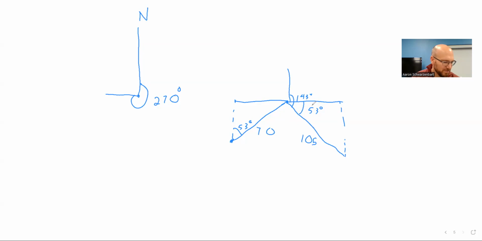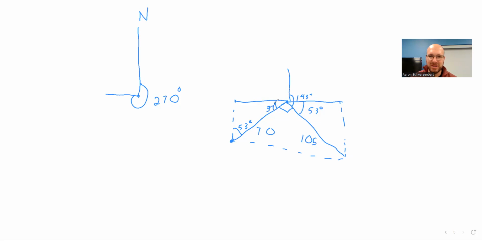So it wants AC, this distance. Now, they were really nice and gave you a right angle here. Because these are both 53, this is 37.